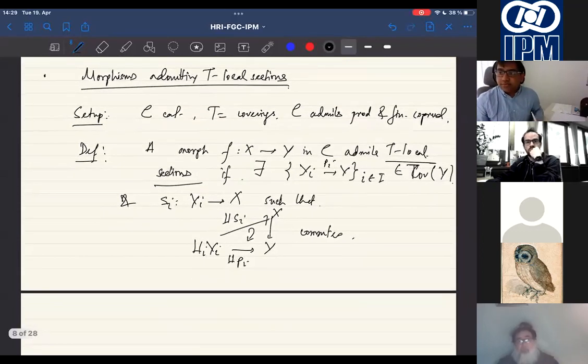So just to interpret the definition, it says that T-locally it has sections. That means there exists a cover after which this morphism has a section.